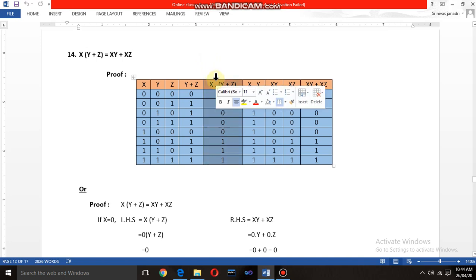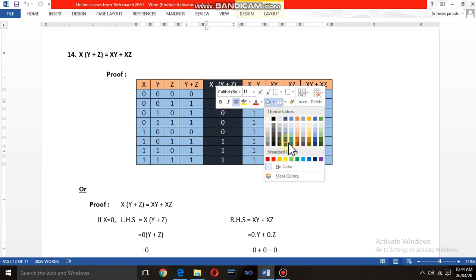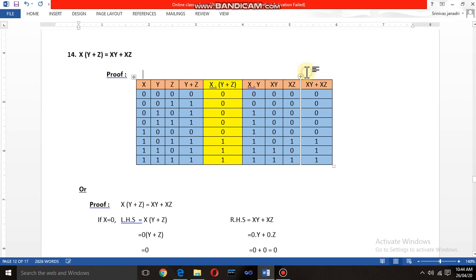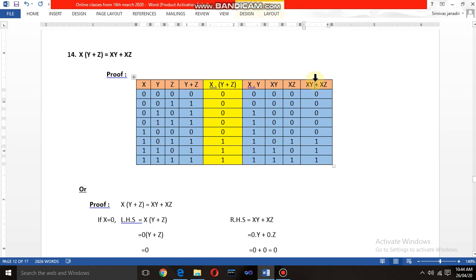Here you can look, this is the LHS result, and this column represents the RHS result. These two are the same, so this is the proof by the truth table method.